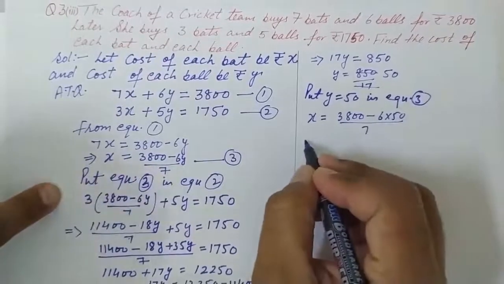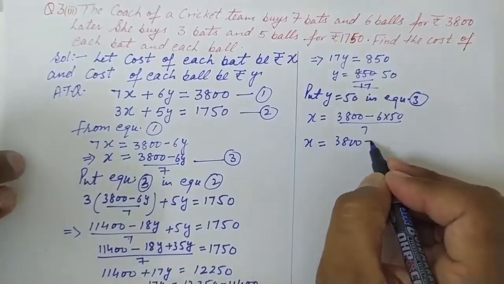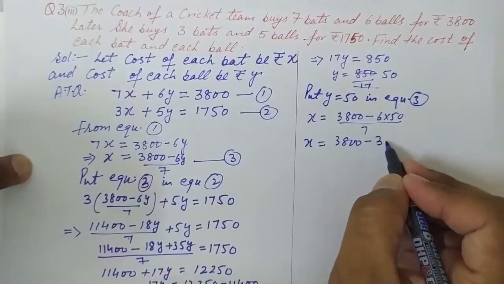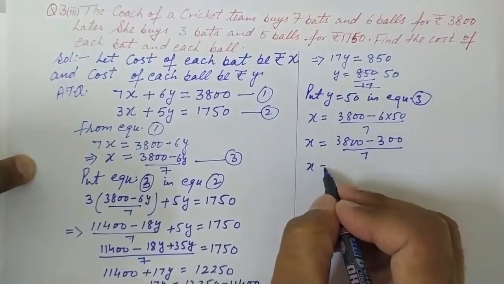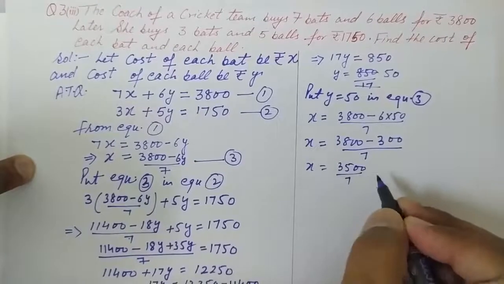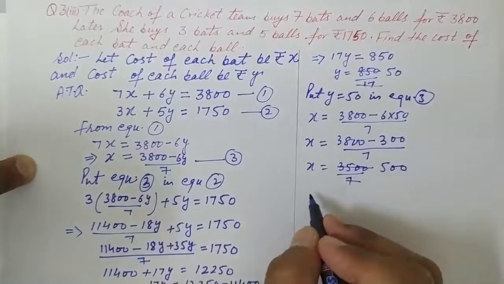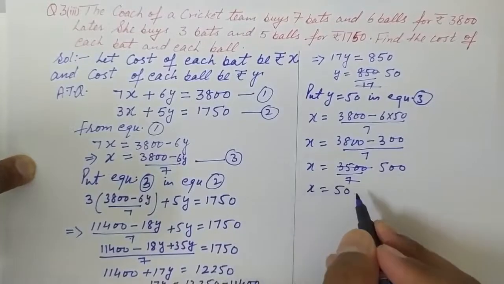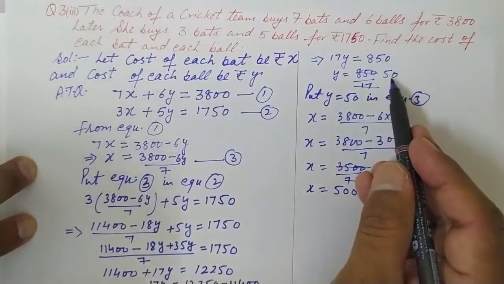So let's see what x will be. So 3800 minus 6 fifties are 300, over 7. So x is equal to, subtracting it, 3500 over 7. So you can cancel, 7 fives are 35 and 7 twos are 14, so 7 ones are 7, 5s and 2 0. So x is 500. So it means the cost of one ball is rupees 50.